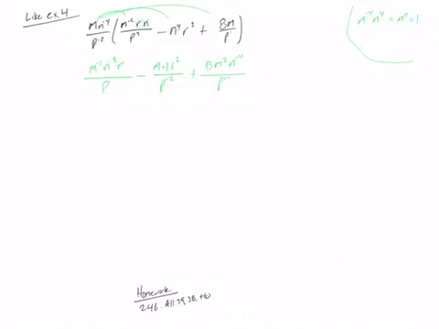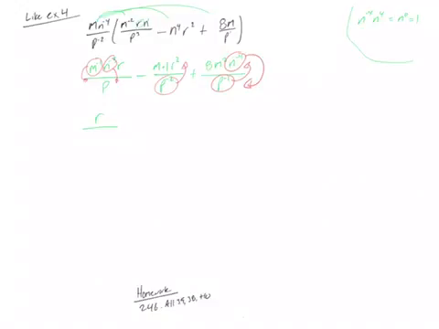Now let's see if we can move stuff around like we need to. This m needs to come down, this n needs to come down, this p needs to come up, this p needs to come up, this n needs to come down. So then, on the top of this first one, I'm just going to have an r.